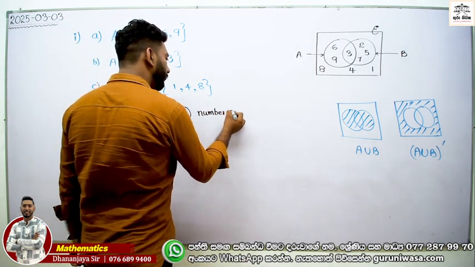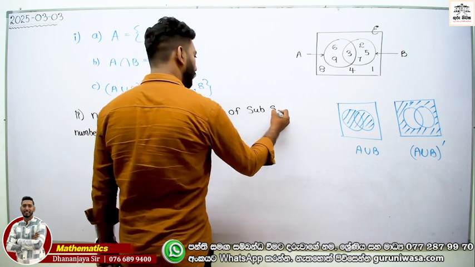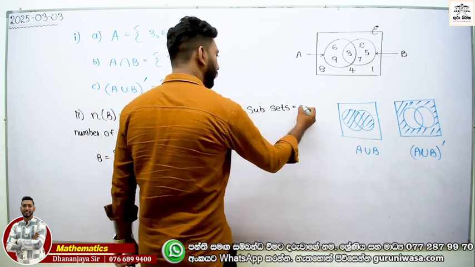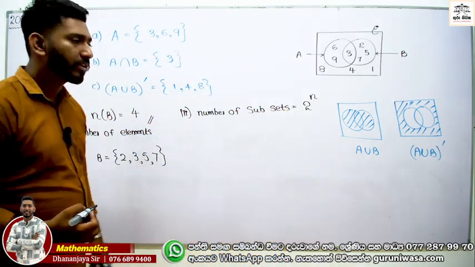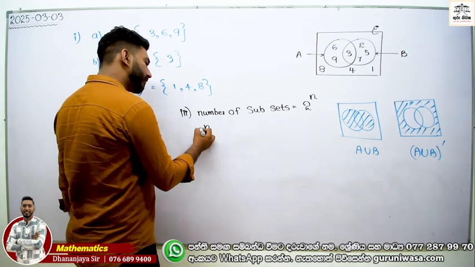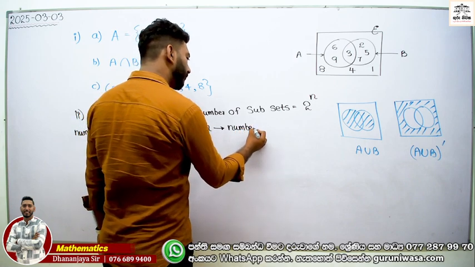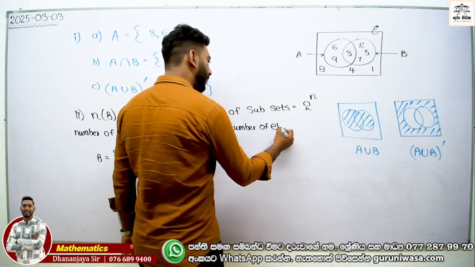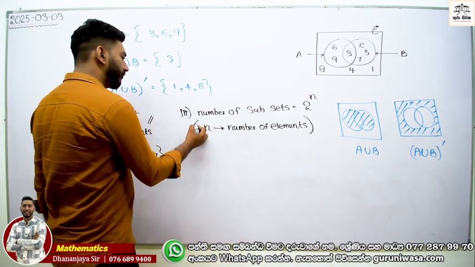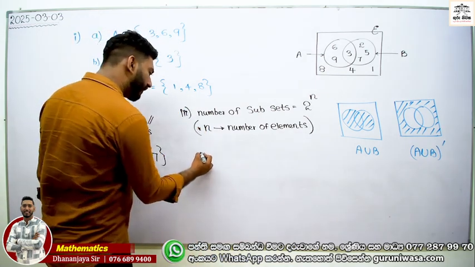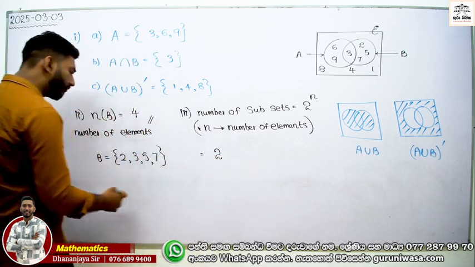Number of subsets is equal to 2 to the power of n, and n represents the number of elements. Now tell me, how many subsets? Therefore, the number of subsets becomes 2 to the power of 4.